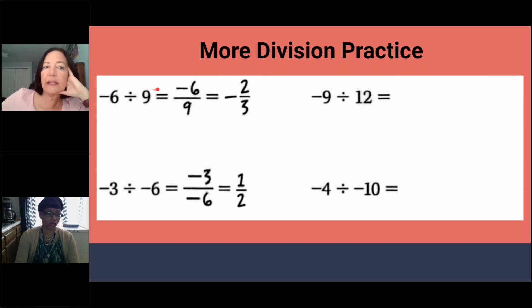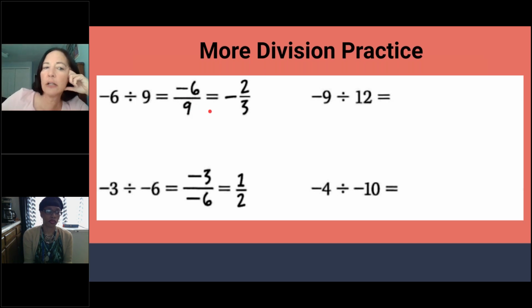So we can write it in fraction form, which is a negative 6 over a positive 9. So now our same algorithm is going to work. We have a negative divided by a positive. So will our answer be a negative or a positive? A negative. Negative, right, because the signs are different. So the answer is going to be a negative.